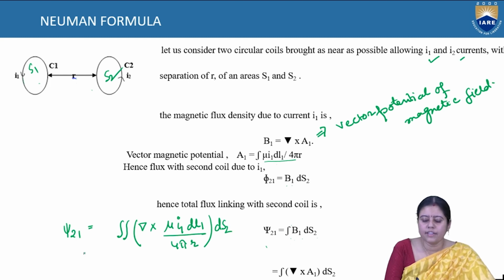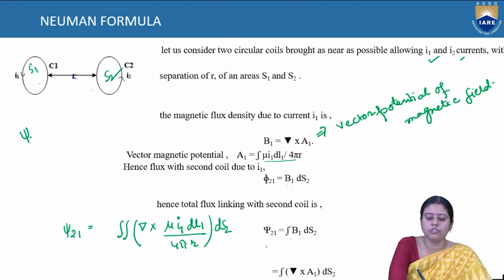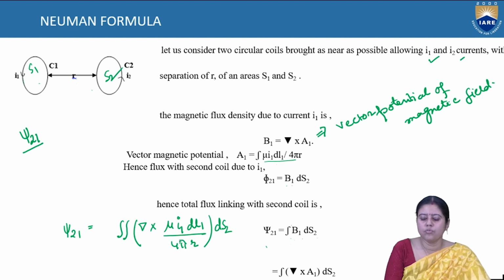If we take the value of the mutual inductance, what is mutual inductance? Mutual inductance M21 is equal to psi 21 divided by current I1. So what is M21?